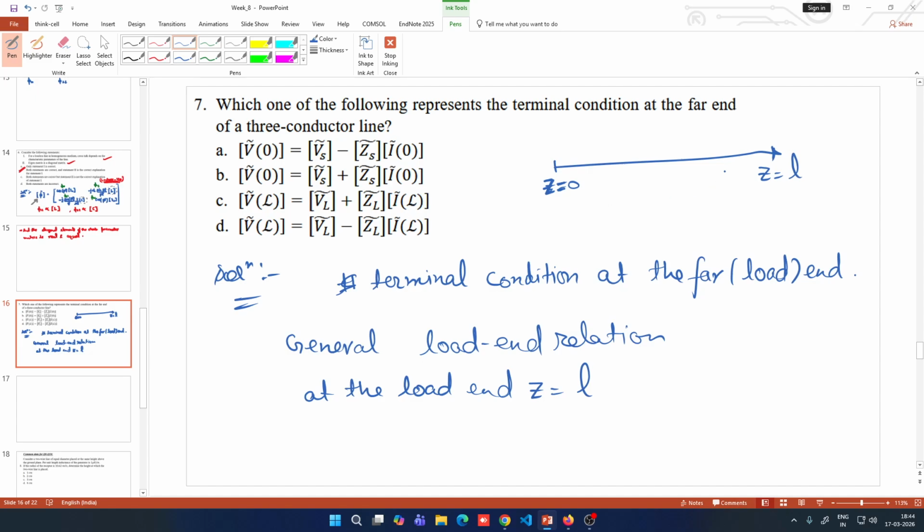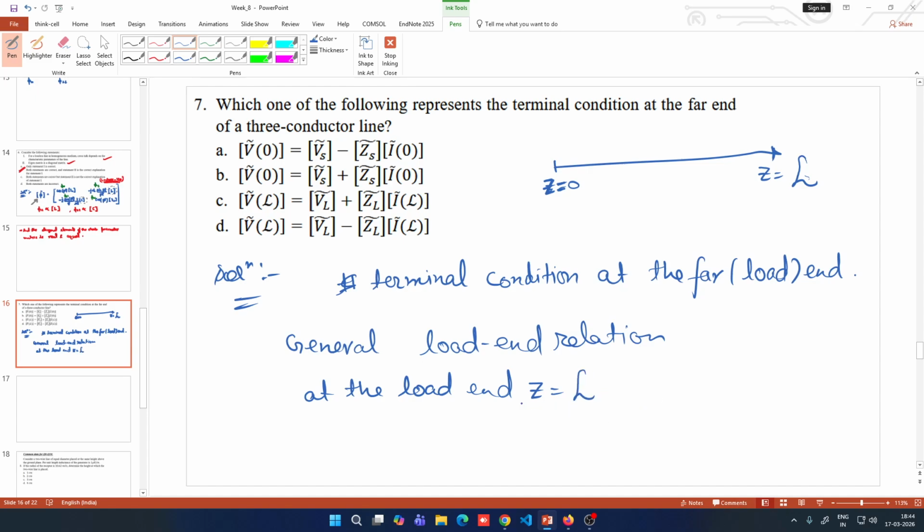Here it's given in a capital L, like in italic. So I will rewrite this here. Don't confuse this capital L with the inductance. Generally I write it in small l, but since in the options it is given as capital L.